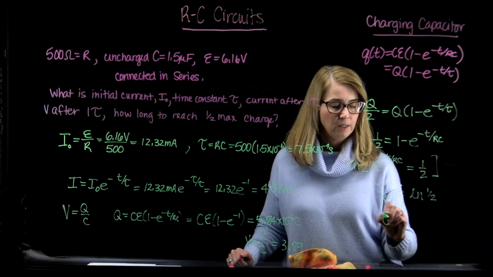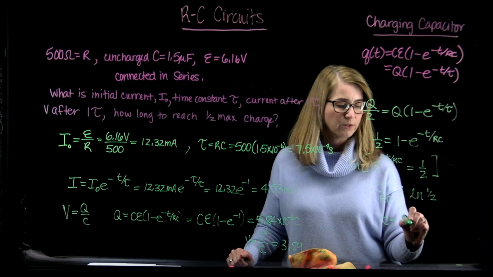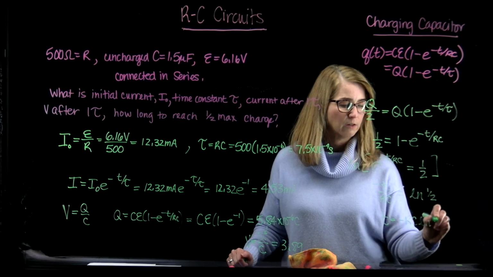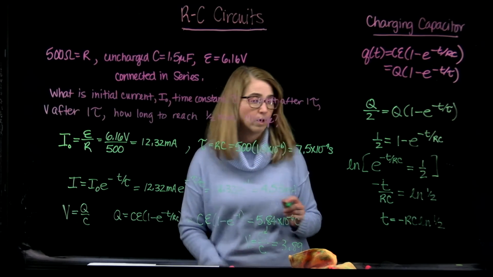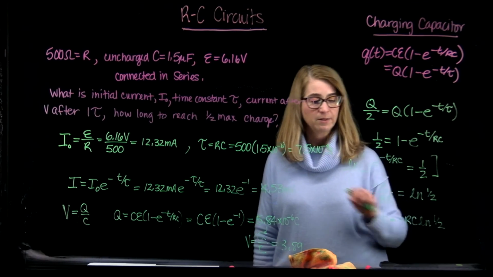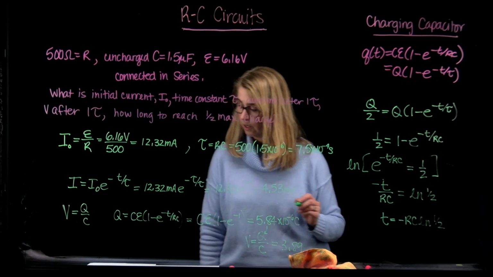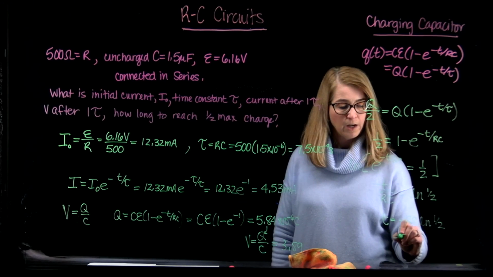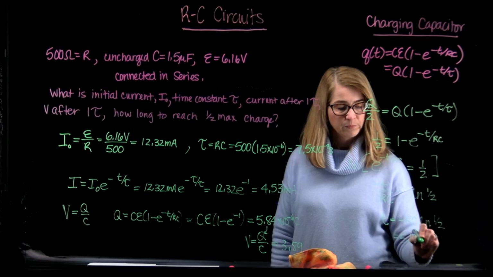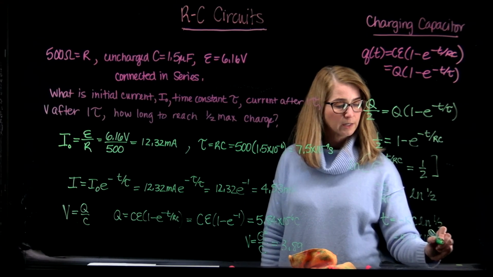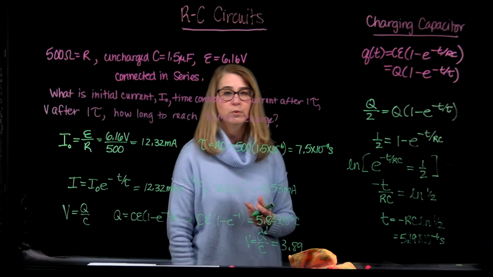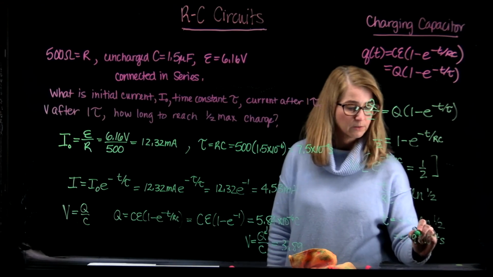So t is going to be equal to minus RC times the natural log of 1/2. And when we put in our values for the resistance and the capacitance, we find a time of 5.19 times 10 to the minus 4 seconds, or 51.9 milliseconds.